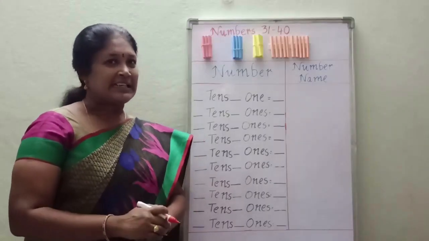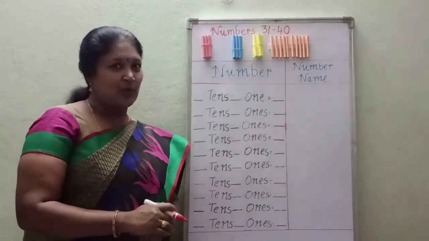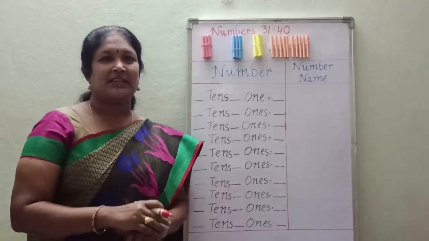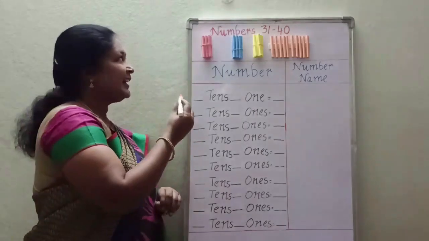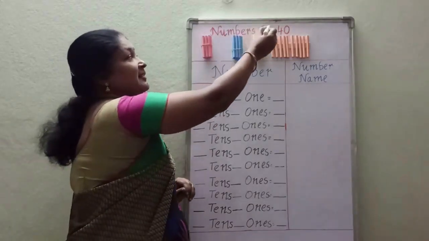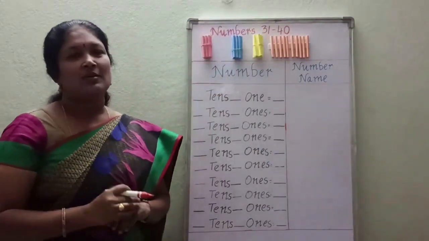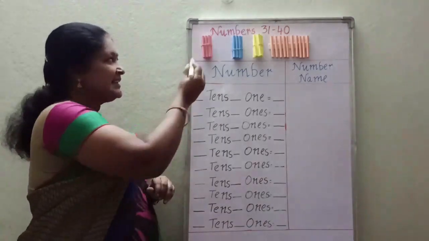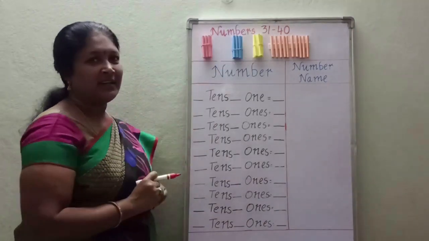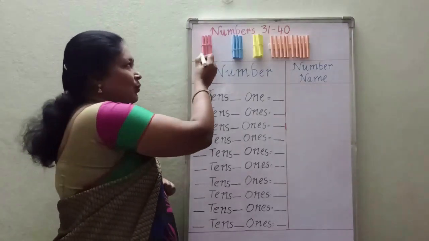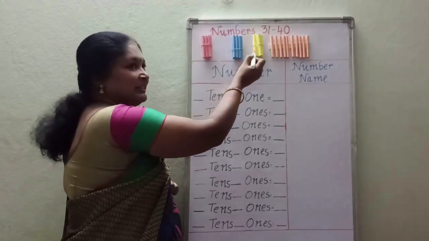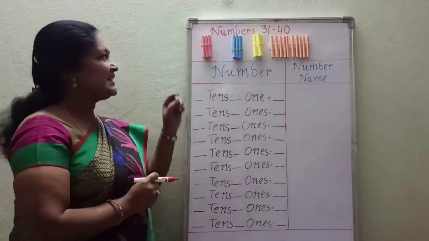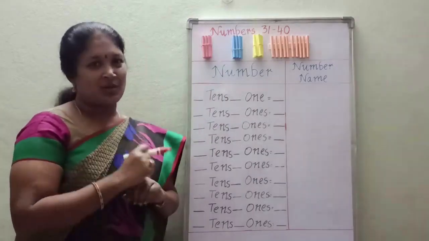Okay, children. Just now we completed 21 to 30 numbers and how they form. And now see, children, numbers 31 to 40. We'll see how the numbers 31 to 40 will form. See, children, here. How many bundles are there? 1, 2, 3. So 3 bundles means in each bundle 10 chalks are there.